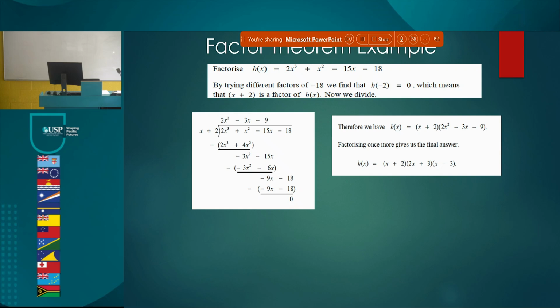Whichever gives you 0 should be the basis for finding the first factor. Once you've found the first factor, then definitely you still need to do long division, because the long division helps you identify the factor times the quotient. And usually you'll be required to factorize that quotient.